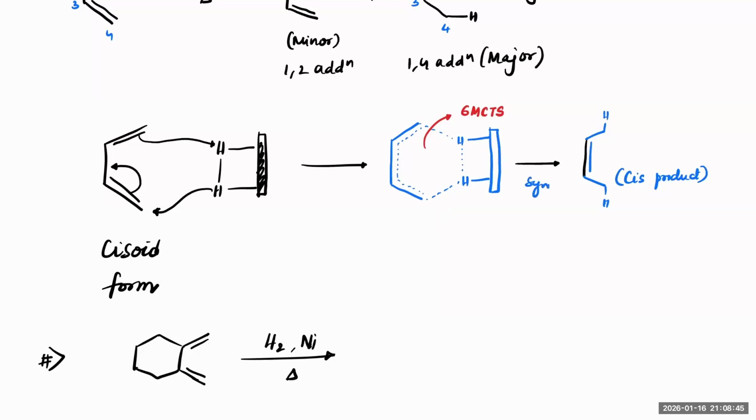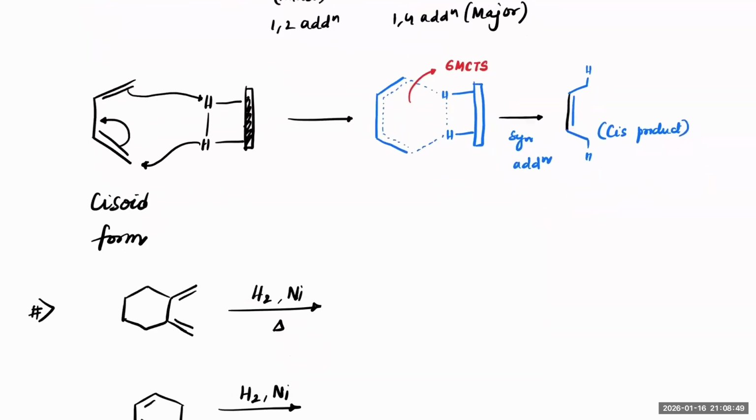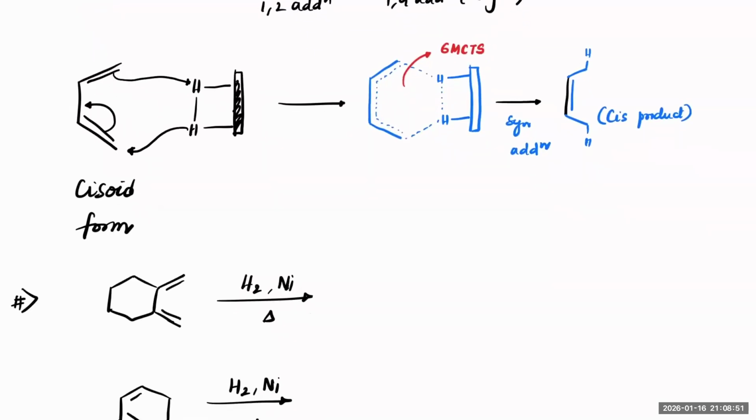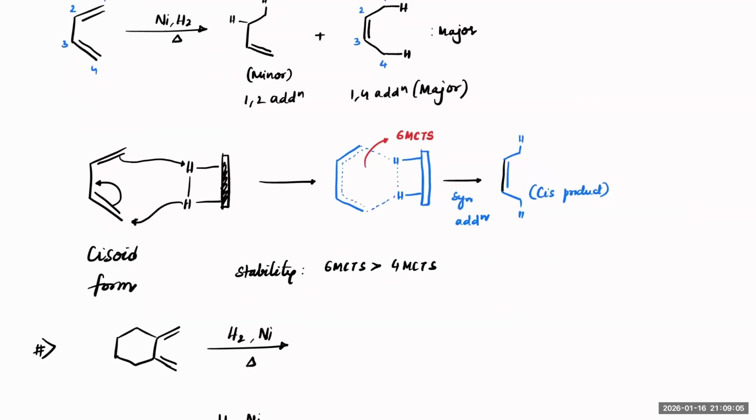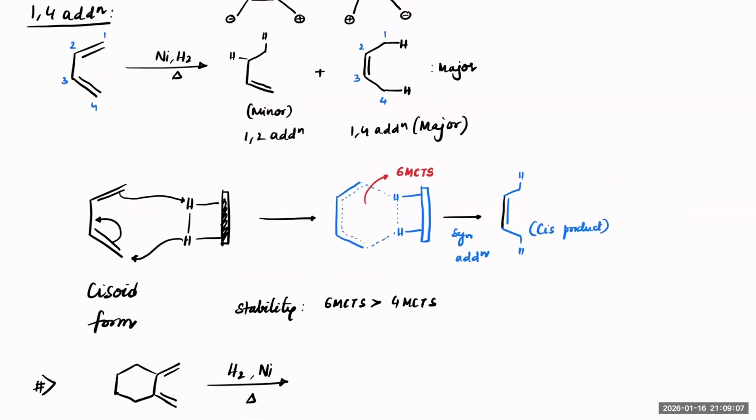So it is a syn addition. You'll always end up getting cis product and not a trans product. So you do remember that when it comes to stability wise, six-membered cyclic transition state is more stable than four-membered cyclic transition state. So that's why it is more preferable, and that will give you major product as 1,4 addition rather than 1,2 addition.